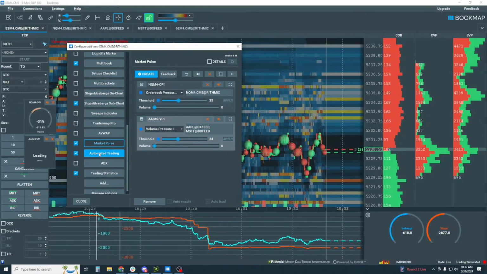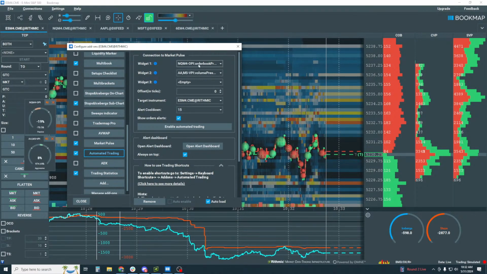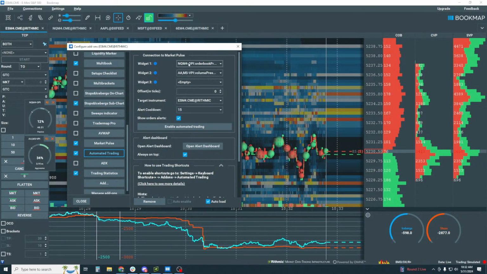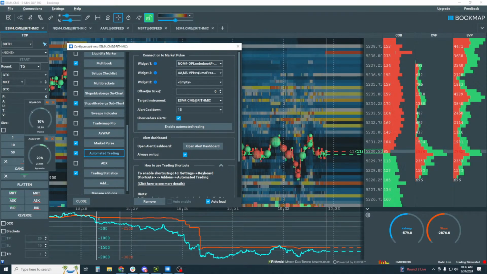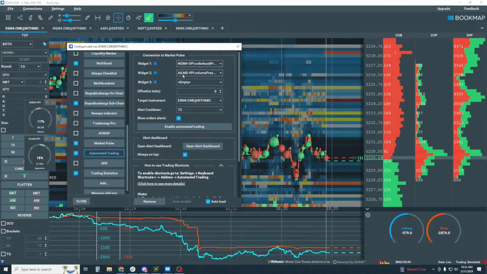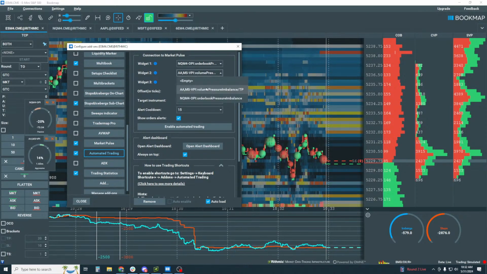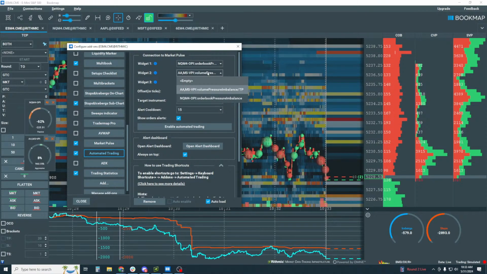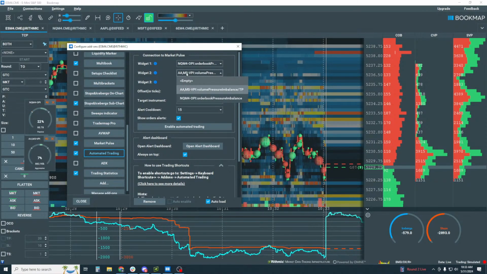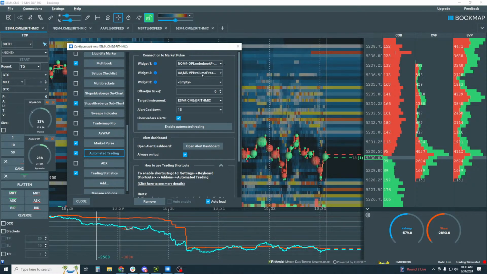Now let's go back to automated trading. Click here, and then widget 1. We'll select order book pressure and balance. For widget number 2, we're looking at this multi-instrument algo for Microsoft and Apple, and we're going to select that one.